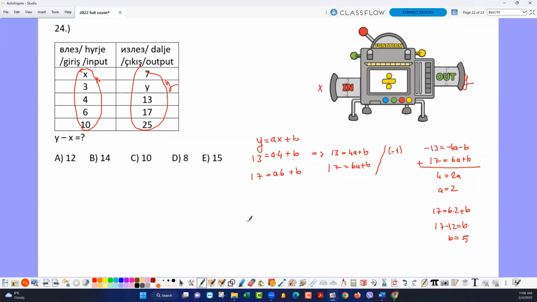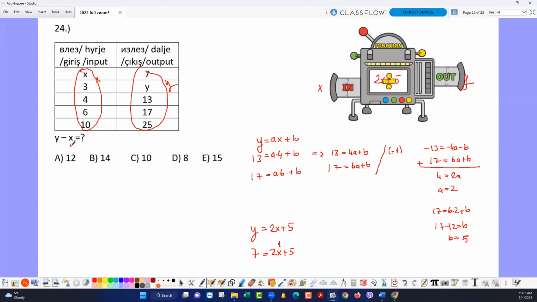So I found the linear equation, y is equal to 2x plus 5. So our formula is 2x plus 5. So when you put in x, if it gives 7, here you are finding like this: 7 is equal to 2x plus 5. X is equal to 1, as you see, that satisfies.